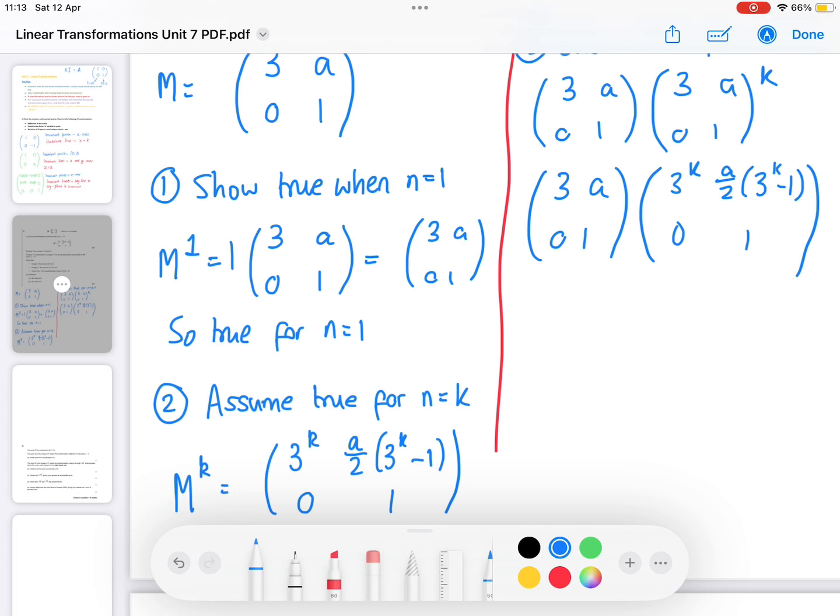So in order to do that, cross multiplying, we get the 3 to the k plus 1 straight away. And for the second element, we have 3a over 2 times 3 to the k minus 1, add a. So it's just multiplying together the 2 by 2 matrices here. And these will still be 0 and 1.